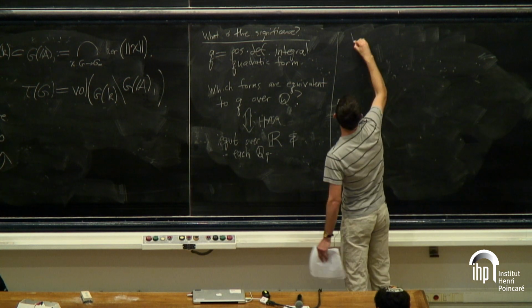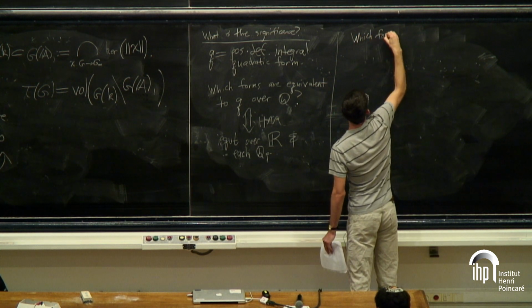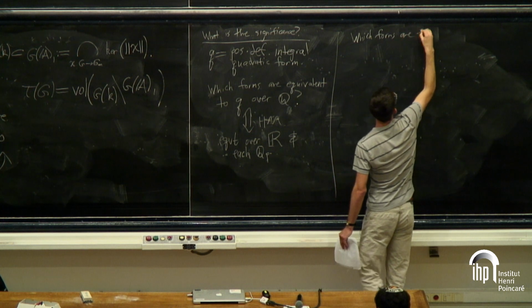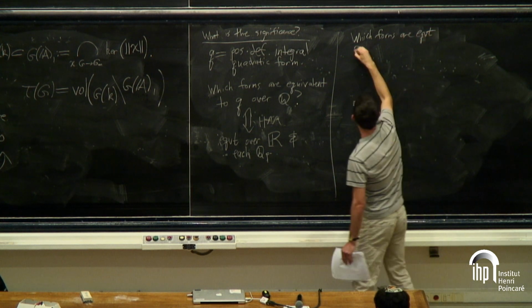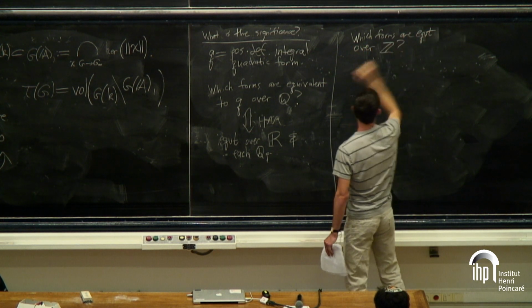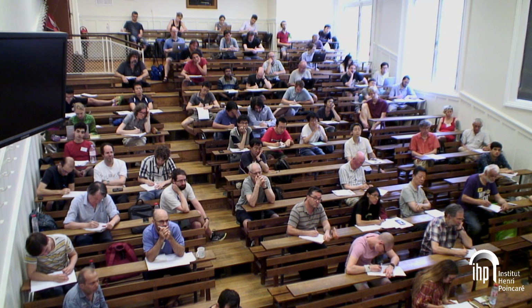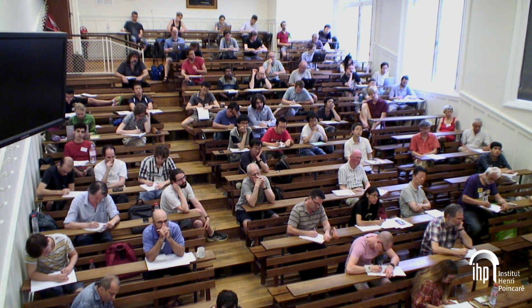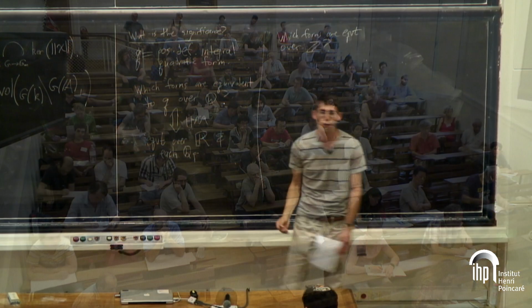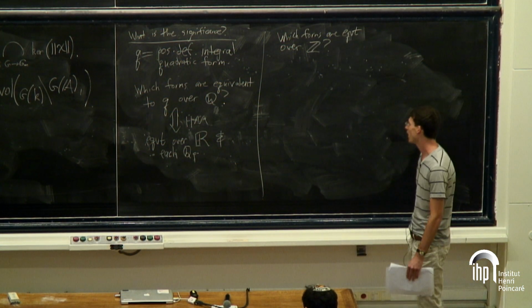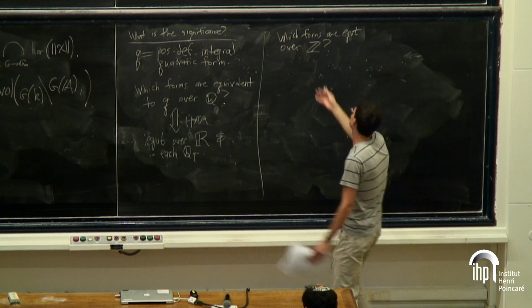But then you might ask, we have an integral form, and which forms are equivalent over the integers, not just the rationals? Of course, if they're equivalent over the integers, they better be equivalent over Q, and that's equivalent to being equivalent over R and over each Q_p.